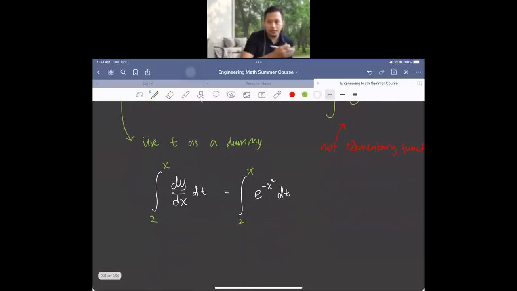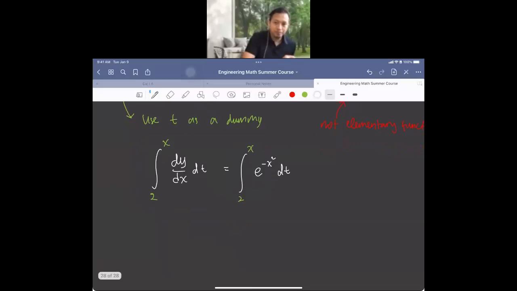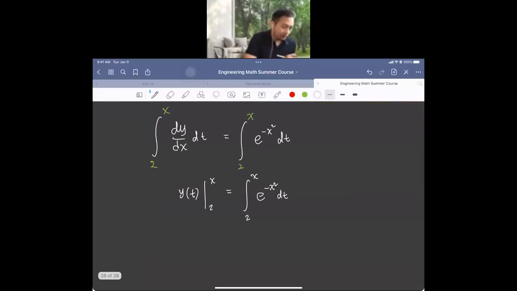So we make it an integration function. Integrating dy/dx becomes y(t) from 2 to x, and the right side we just write as it is because we are stuck on these integrations. Then we evaluate y(t) at x and at 2.